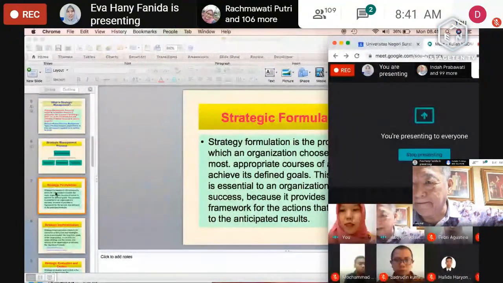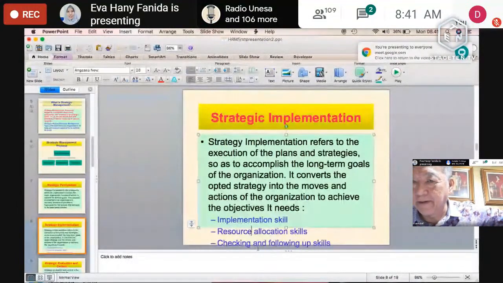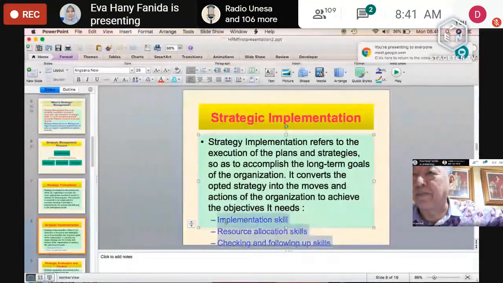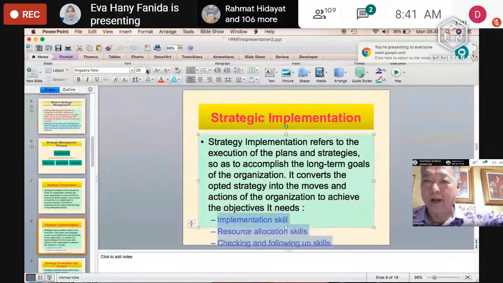Okay. Strategy implementation. Sometimes we call it strategy implementation, the same. Adjective and noun. Okay.